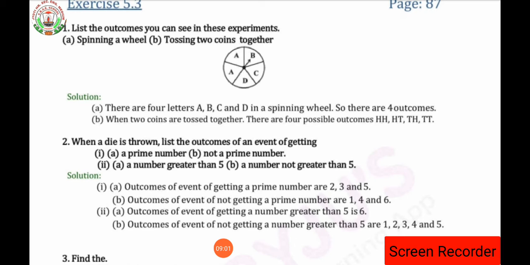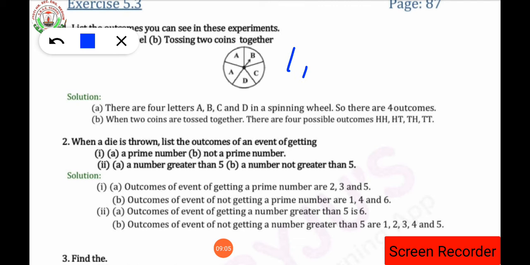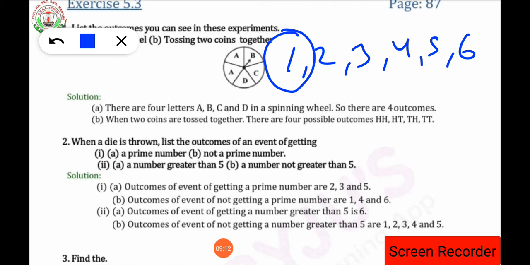Now, the second part, not a prime number. From the numbers 1, 2, 3, 4, 5 and 6, 1 is not a prime number. Then what are the prime numbers? 2 is a prime number, 3 is a prime number and 5 is a prime number. That was asked in the first part of the question.